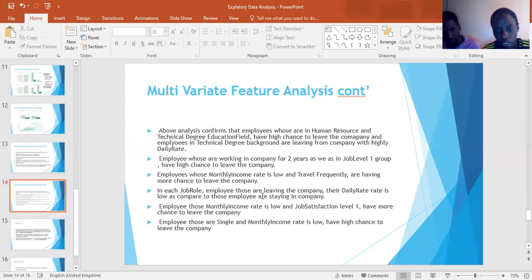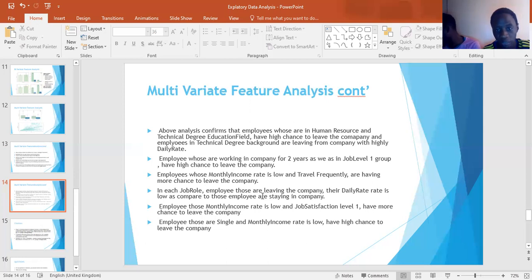We also concluded that employees in human resources and technical degree education fields have a higher chance to leave the company, and employees with a technical degree background are leaving the company with a high daily rate. Employees who have been working with the company for about 2 years and are on job level 1 have a high chance to leave the company.